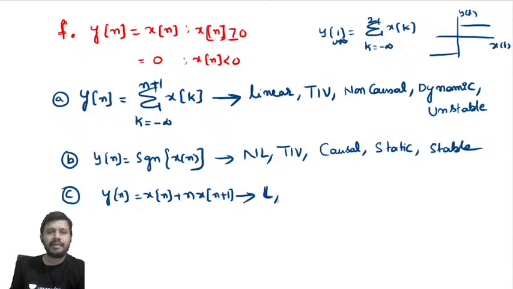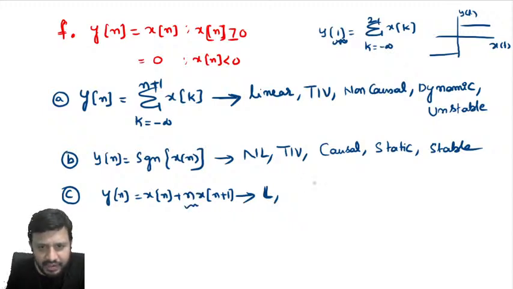Time invariant or time variant? Here n is there, no? n is there means time variant, because while delaying, wherever you have n, replace it with n minus n naught. So it will be time variant. Linear, time variant. Talking about causality, suppose if I put n as 1, this becomes 2. So non-causal.